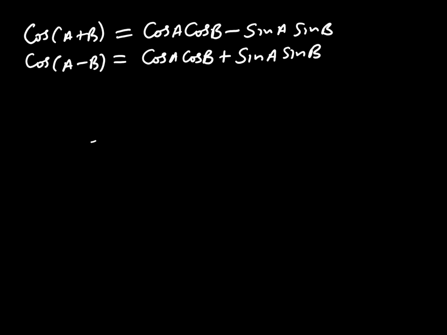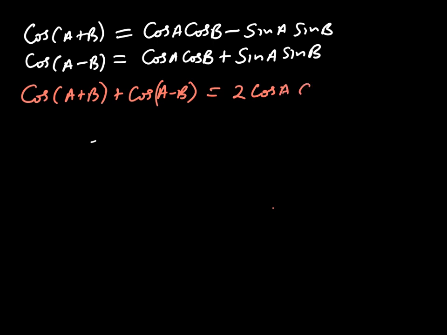You'll end up with the cosine of A plus B plus cosine of A minus B. Looking at the mathematics involved, it is 2 cosine A cosine B. So cos plus cos gives us 2 cos.